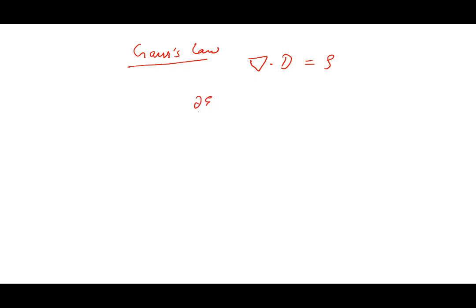It says del E by del x is rho by epsilon, assuming epsilon is independent of position. Rho, please remember, is coulombs per centimeter cube, the volume charge density.